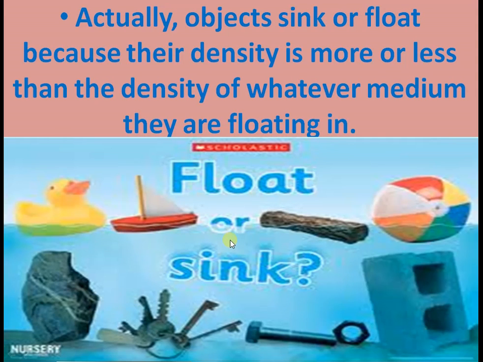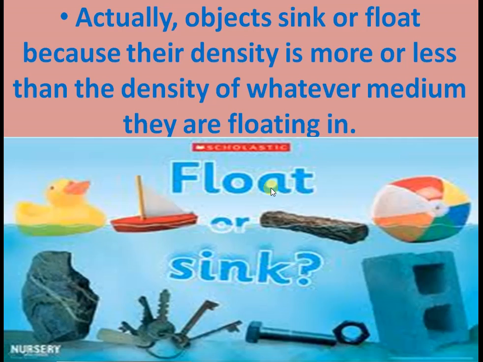Actually, objects sink or float because their density is more or less than the density of whatever medium they are floating in. If the density of an object is more than the density of water, it will sink in the water.